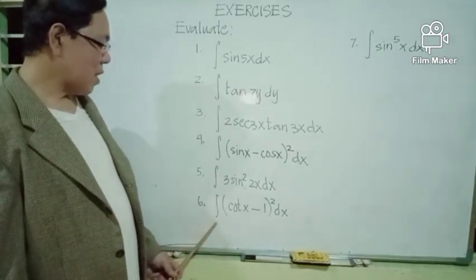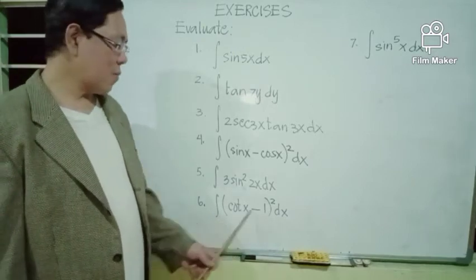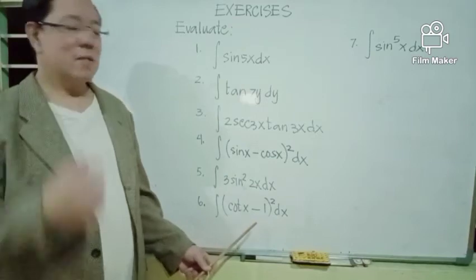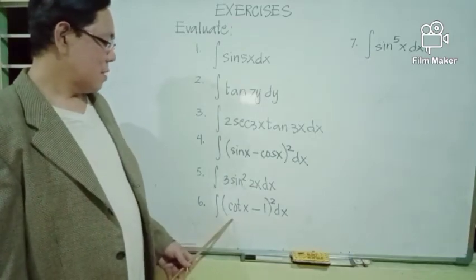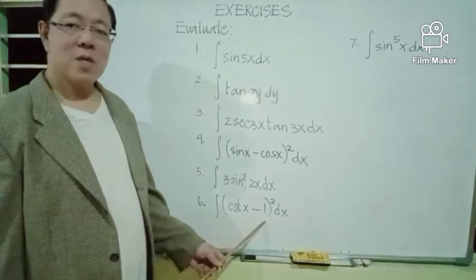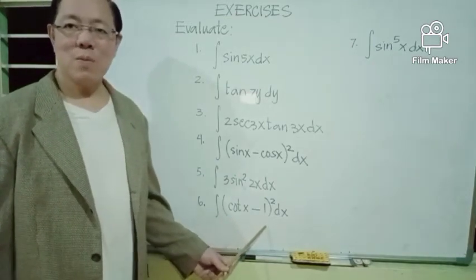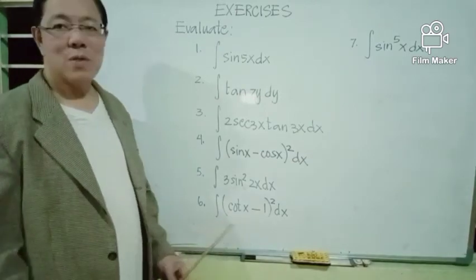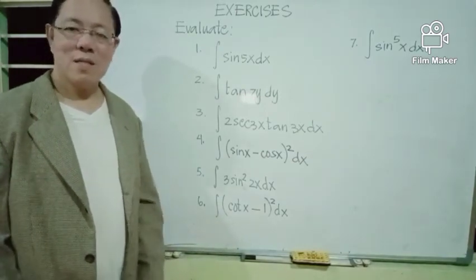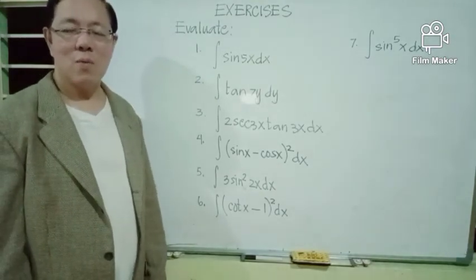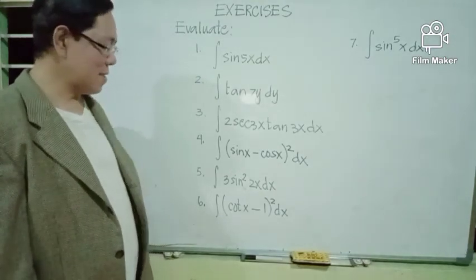In number 6, we have the integral of the square of cotangent x minus 1. First, you expand this expression using a special product rule from your algebra for the square of a difference. And you will use a trigonometric identity for the square of cotangent. In particular, you use one of the Pythagorean identities.